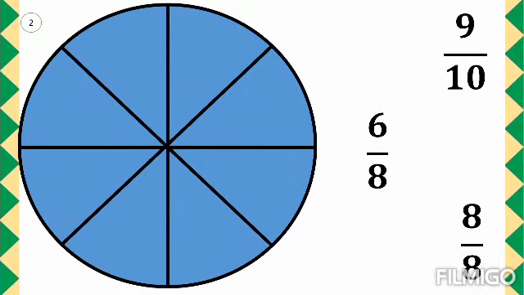Next one, guys, number 2 is the circle. Again, we have options here on the right side. For us to see the right answer, we're going to count first all the parts. So let's count all together. 1, 2, 3, 4, 5, 6, 7, 8. So, guys, our denominator is 8.